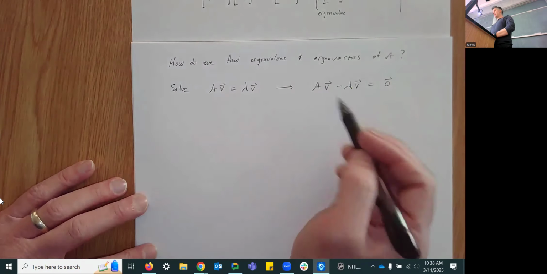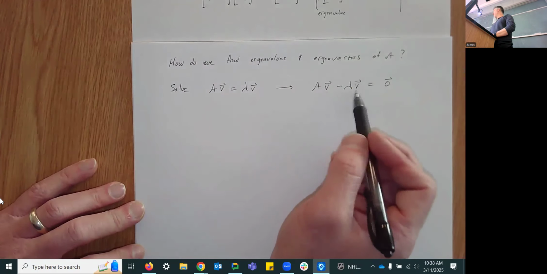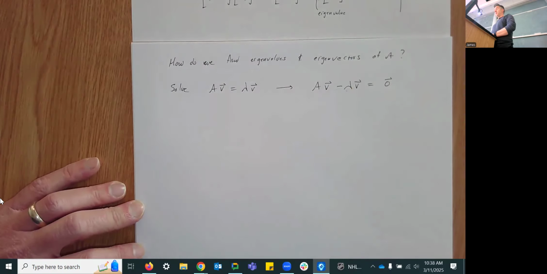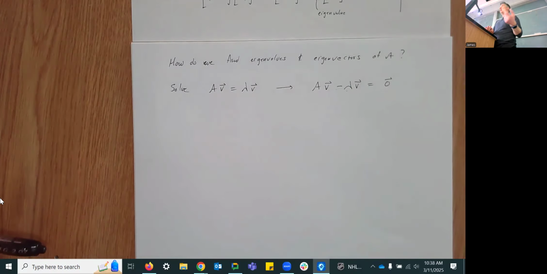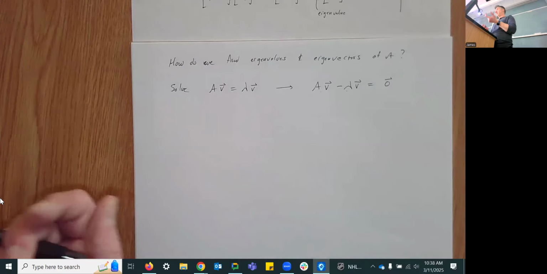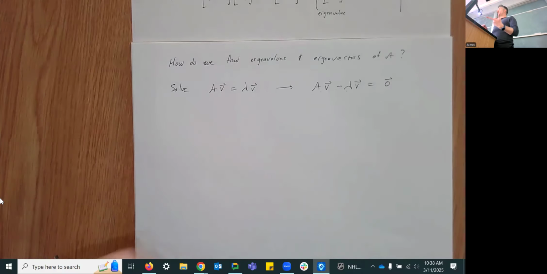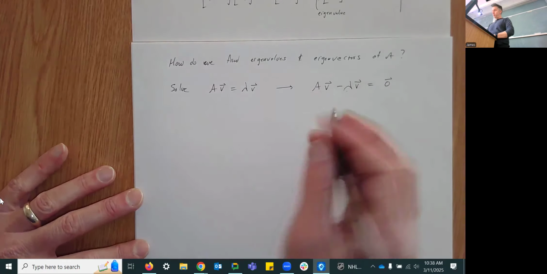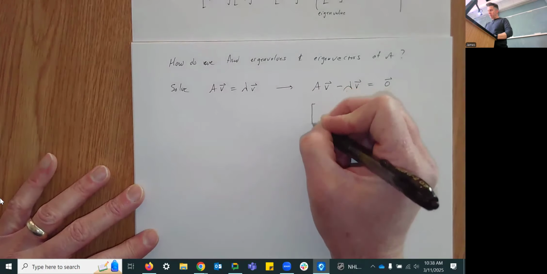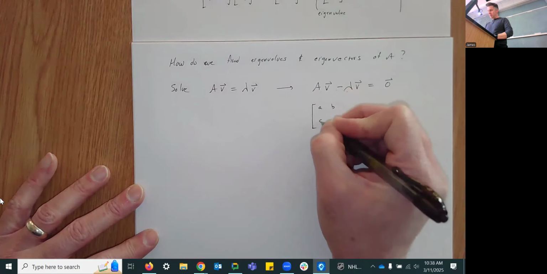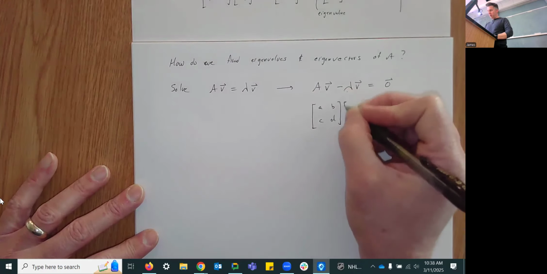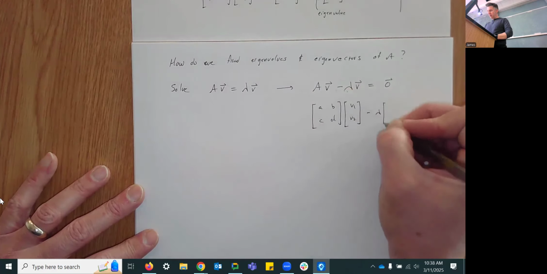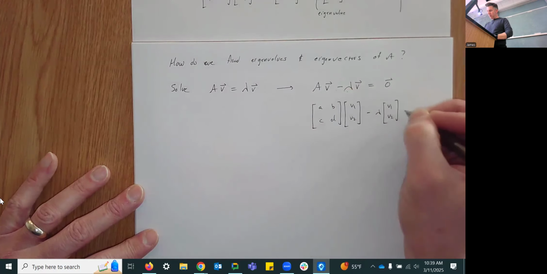The problem with this is that you can't just factor out the v here because A minus lambda doesn't make sense. A is a 2x2 matrix or some matrix, but we're thinking 2x2. Lambda is a scalar or a number like 5. So to make this work, what we do is we multiply lambda by the 2x2 identity matrix. If you want to think of this more broadly, we have the matrix A, B, C, D, multiplied by the vector v1, v2, minus lambda times the vector v1, v2, equal to the zero vector.